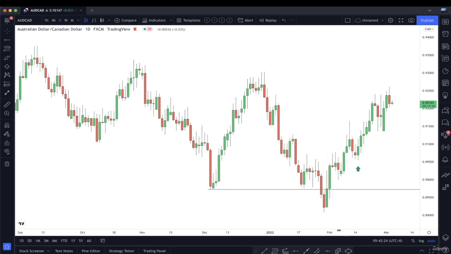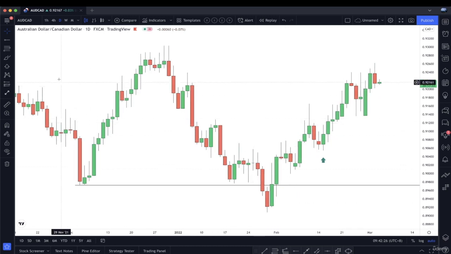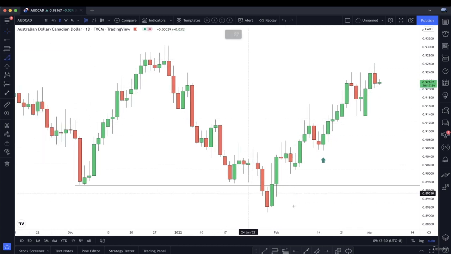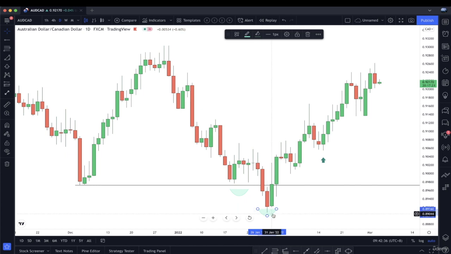Okay, we can also see that price formed an inverse head and shoulder pattern. So left shoulder, head, right shoulder, which is a bullish reversal pattern, especially if we are at a support level. So our bias here is bullish. All right.